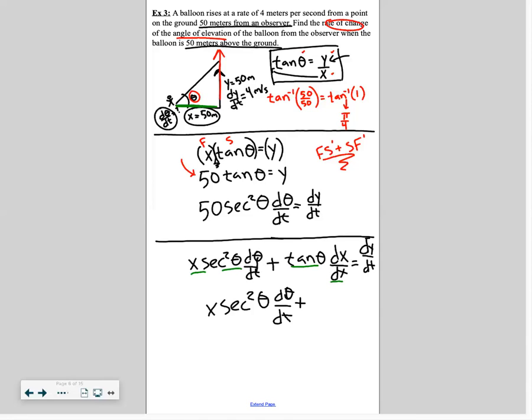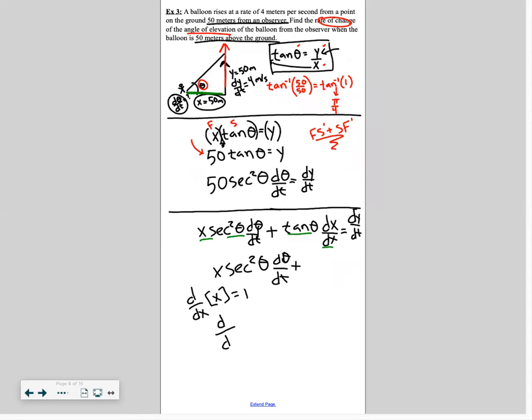Up until this point, we're used to just taking the derivative of x, and that's always going to be 1. However, in all of these related rates problems, we are taking the derivative with respect to time. So this just becomes dx dt, okay?